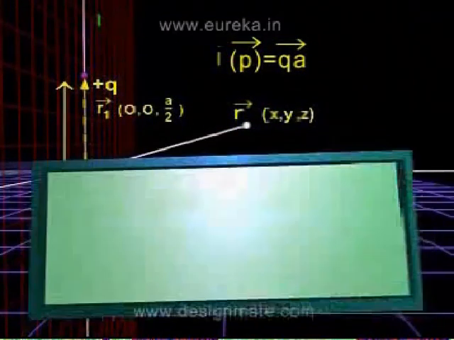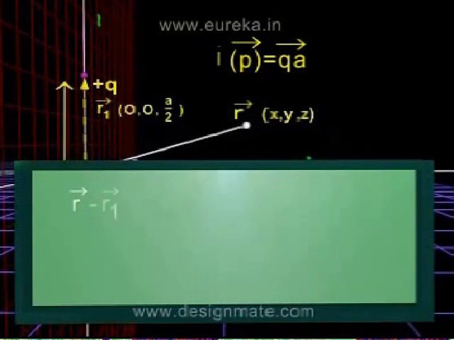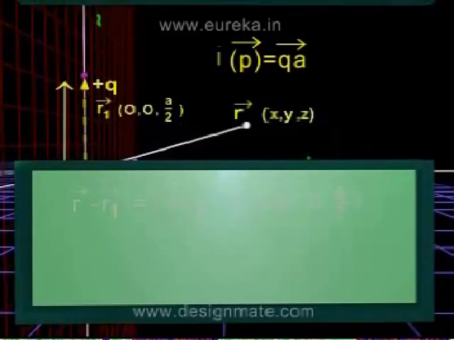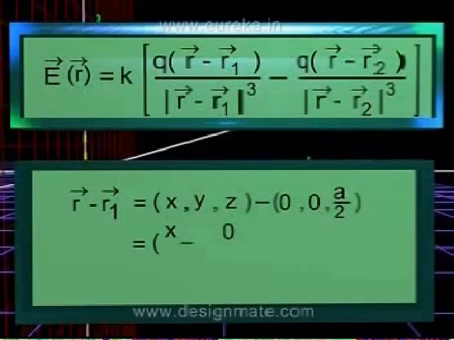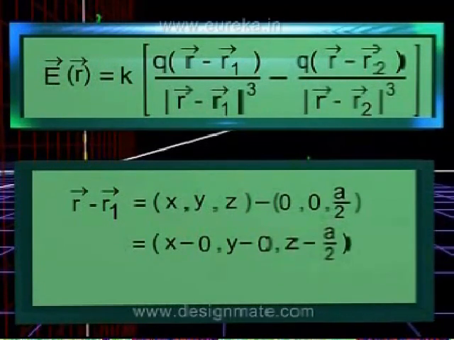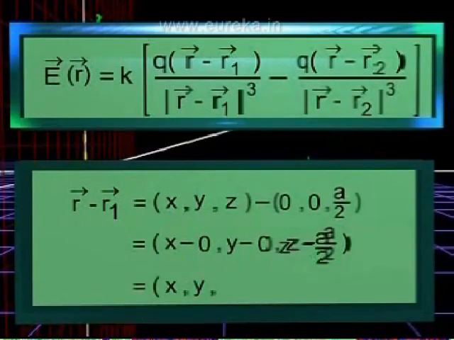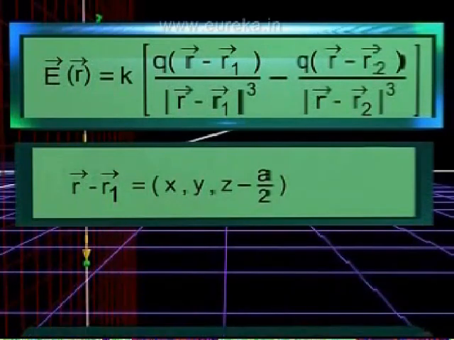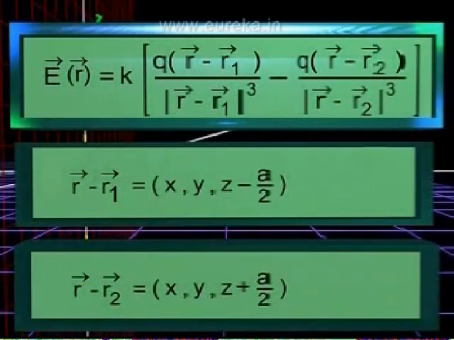Now, vector r minus vector r1 is equal to (x, y, z) minus (0, 0, a/2), that is equal to (x, y, z minus a/2). And vector r minus vector r2 is equal to (x, y, z plus a/2).